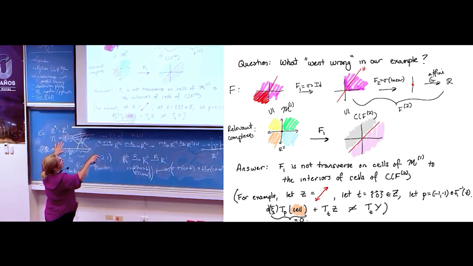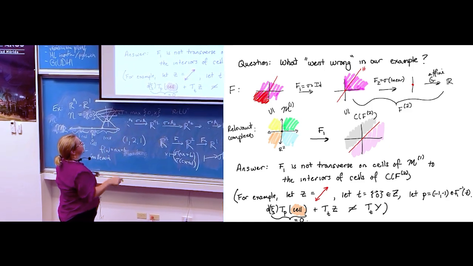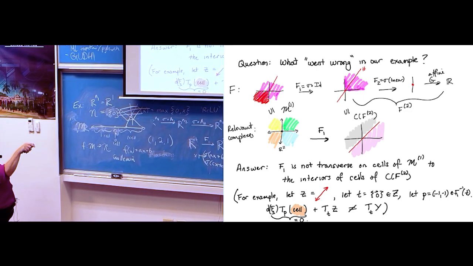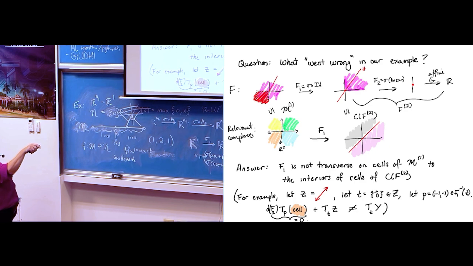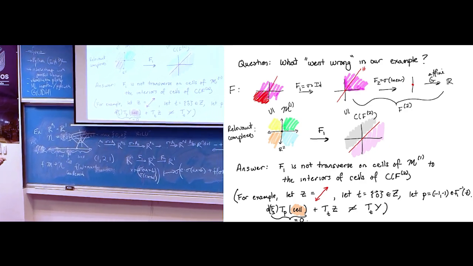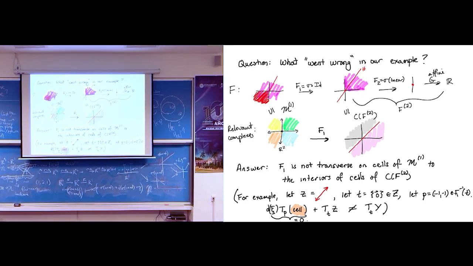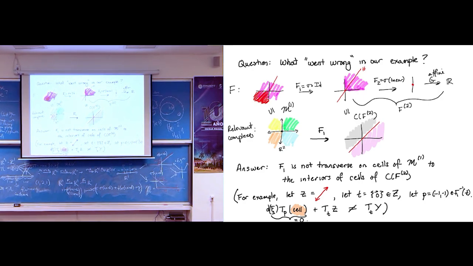If you figure out what all of the relevant complexes are, and I tried to illustrate something, maybe you can just believe me, here's the M1 complex. The complex C of F2 lives here, and it looks like this. When you map this complex forward to this complex, this map is not transverse on cells of this complex to the interiors of cells here.